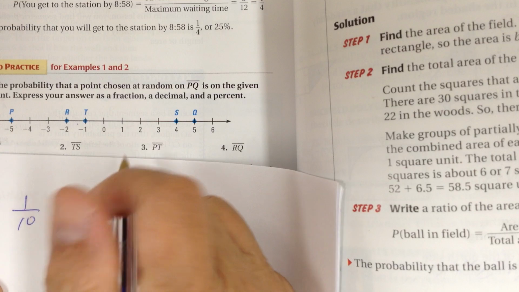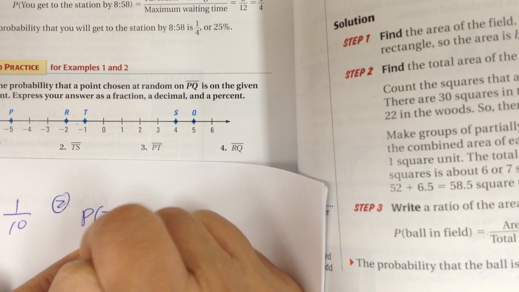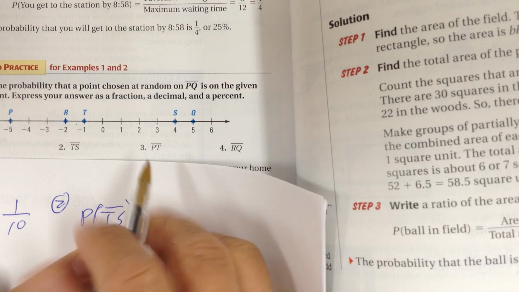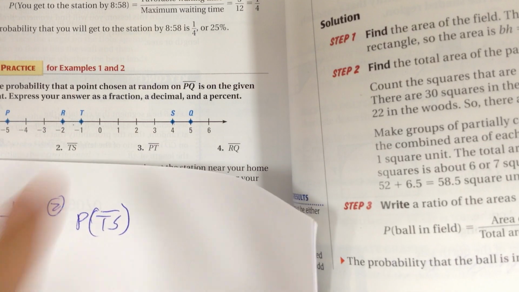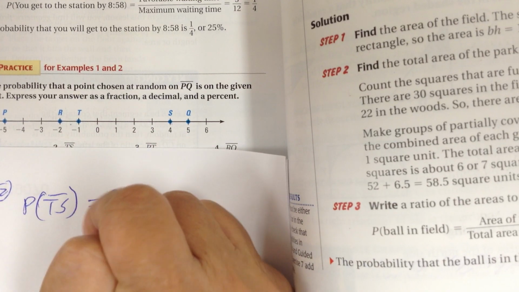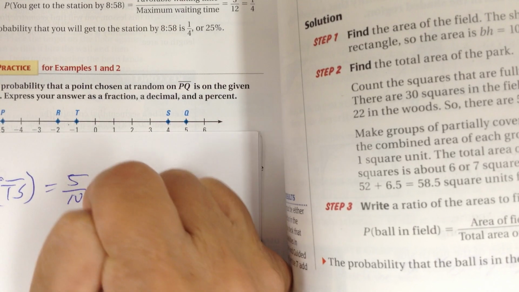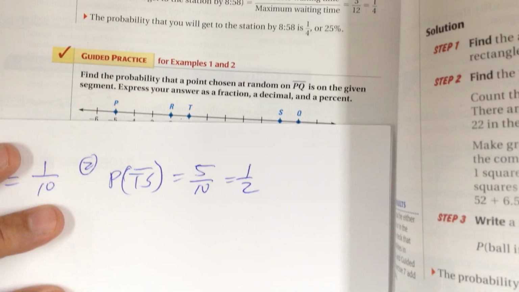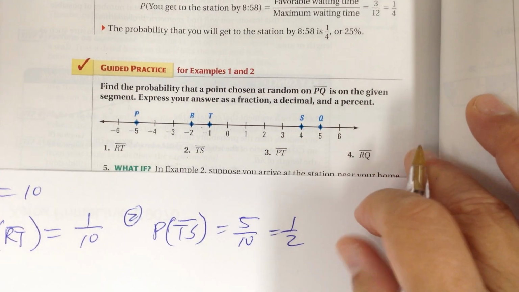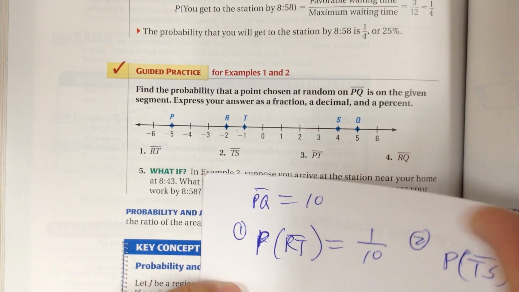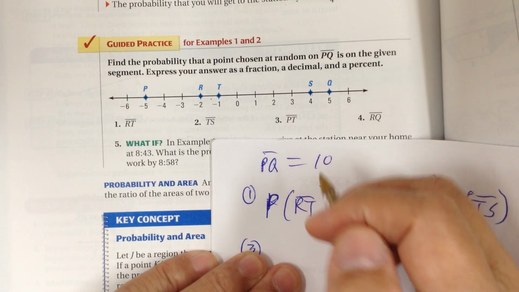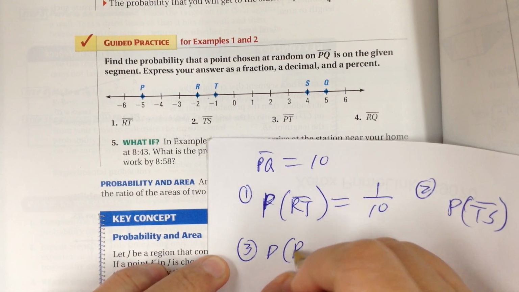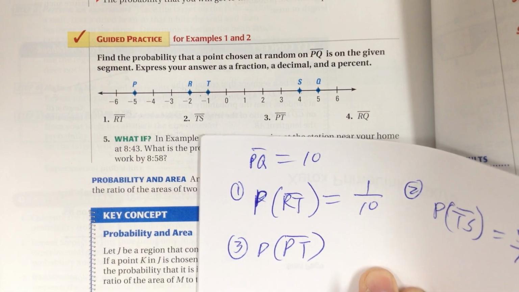Number 2, probability of TS. That's 1, 2, 3, 4, 5. From T to S is 5, so this equals 5 over 10, or 1/2. Now number 3, the probability of PT.